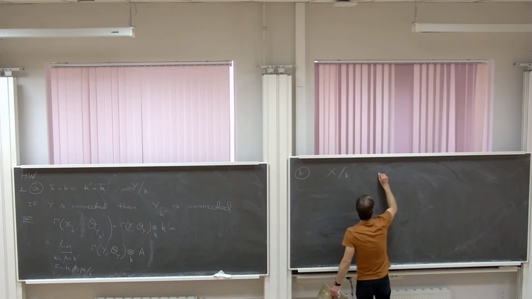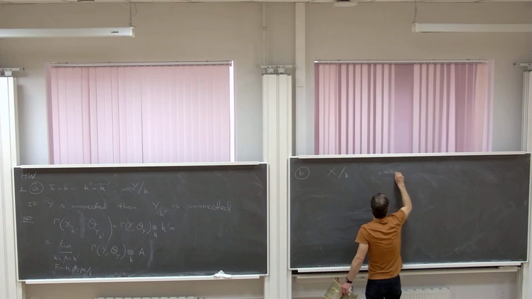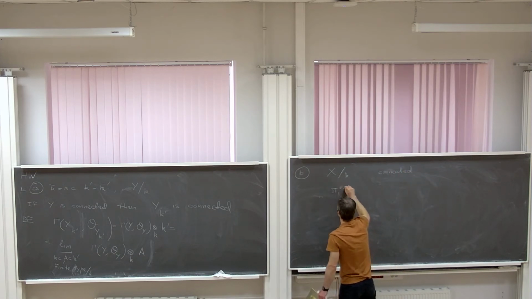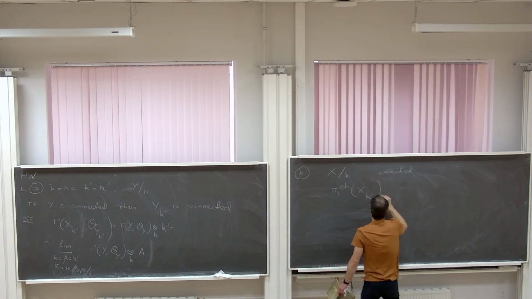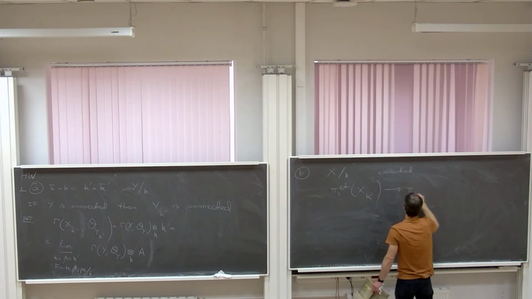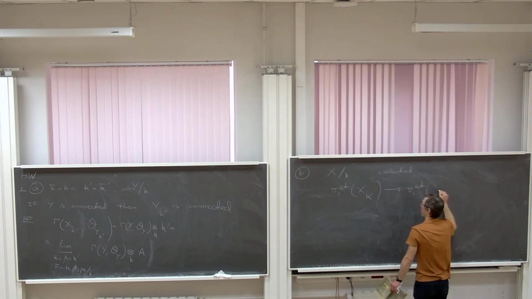So connected. And then the claim is that pi 1 et al. of X K bar, or K prime, this map is surjective.